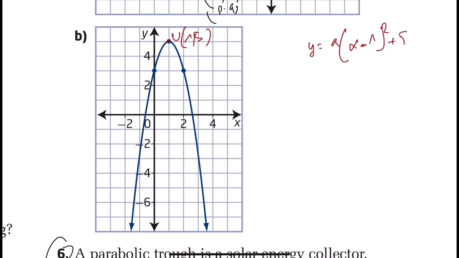You choose a point, for example this one is (0, 3), and you substitute x and y here, solve for a, and write your final answer.